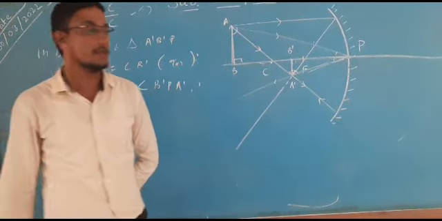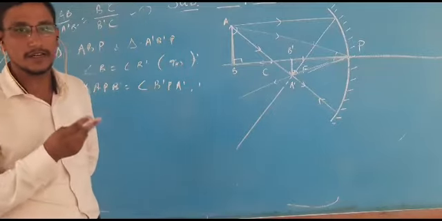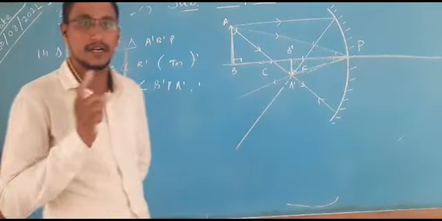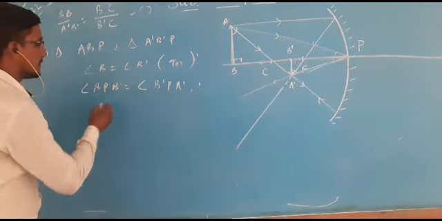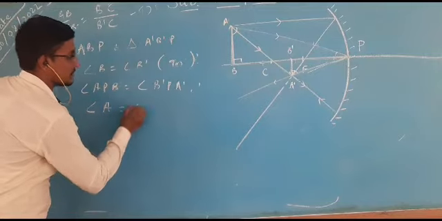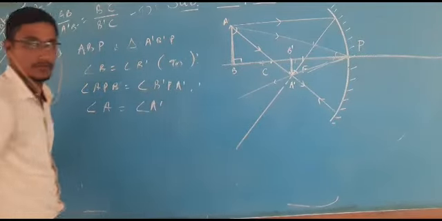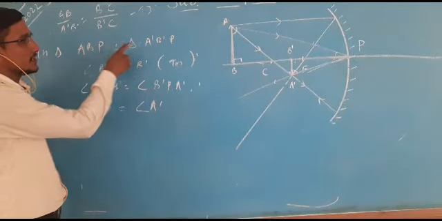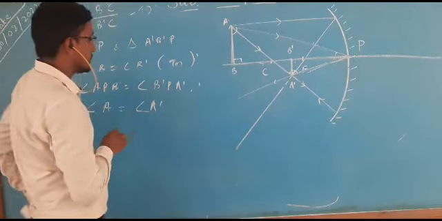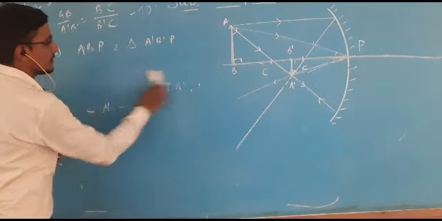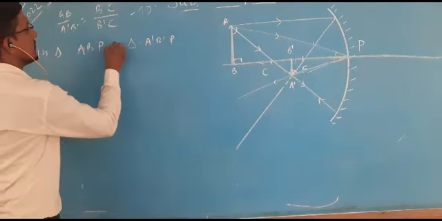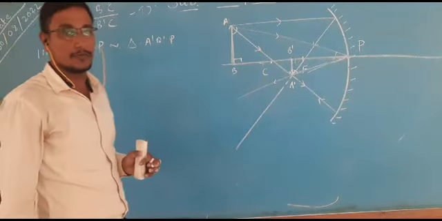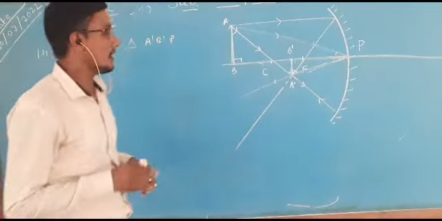Already we have discussed that if two angles are equal, then the third one will also be equal. So we can say that angle A is equal to angle A dash. Is it clear? So triangle ABP is similar to triangle A dash B dash P. If both are similar, then the ratio of corresponding sides is also equal.